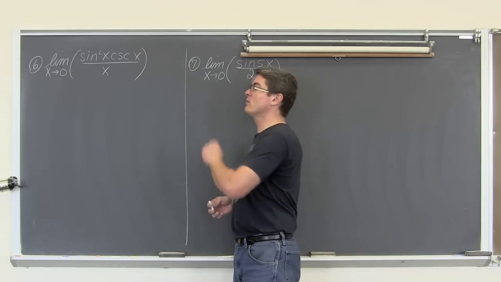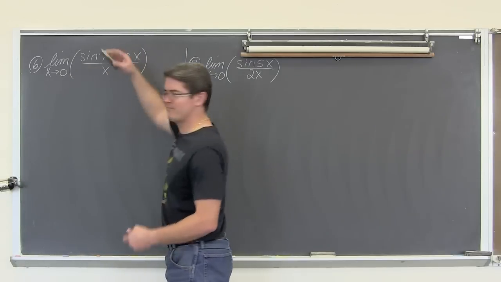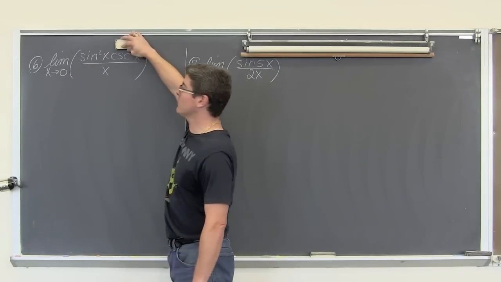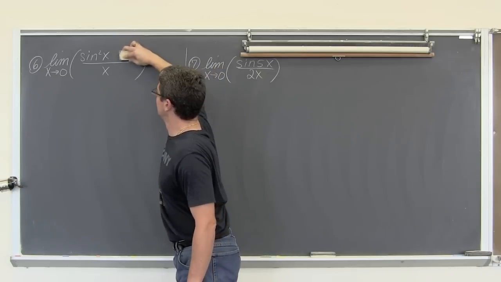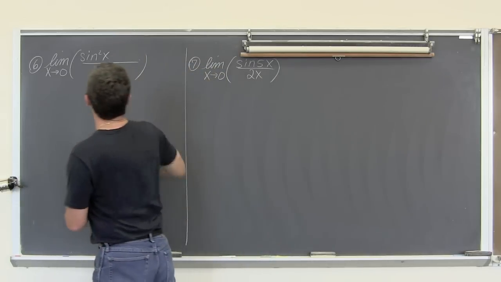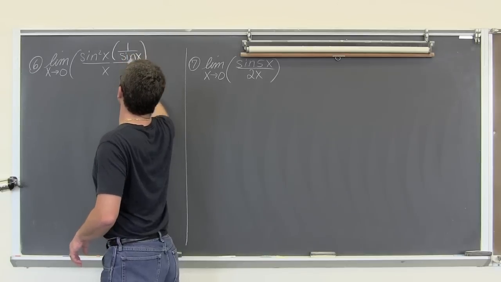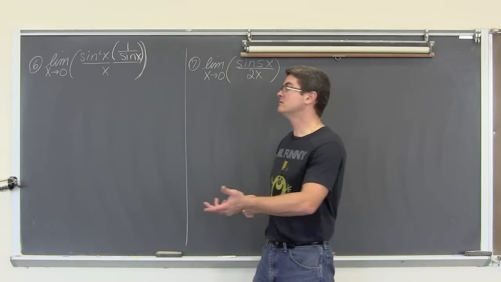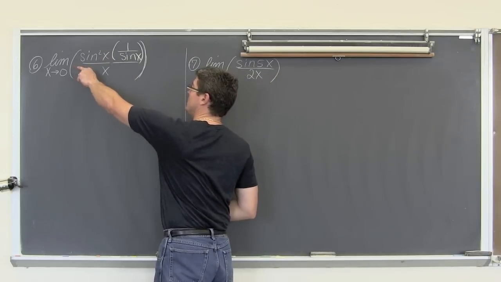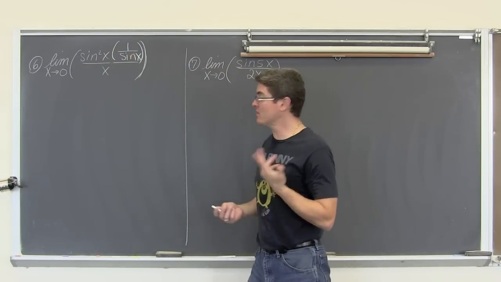So I can rewrite the cosecant of x as 1 over sine x. Then sine squared over 1 times 1 over sine, those are going to cancel out.